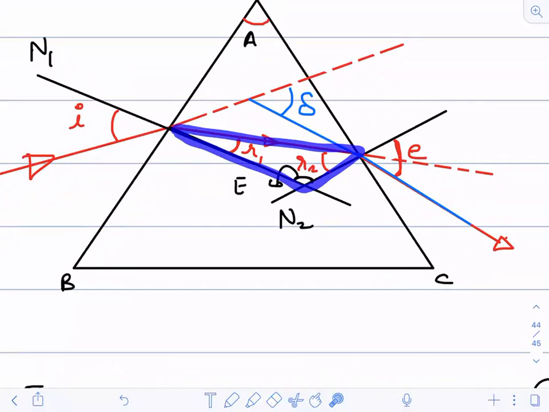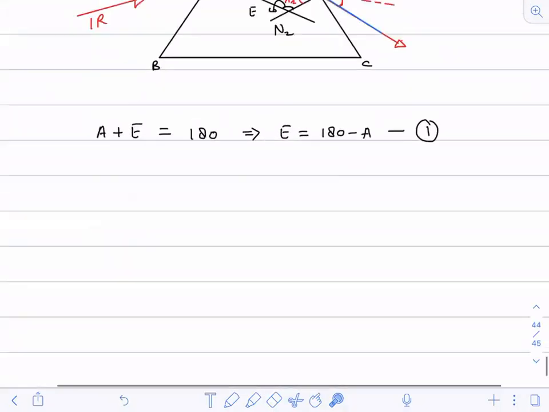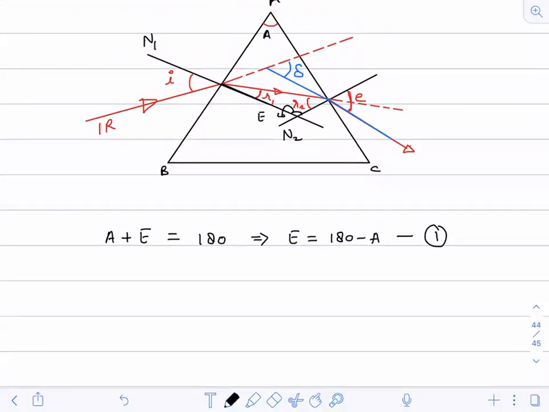R1, R2 and angle E. The summation of all the angles in the triangle, R1 plus R2 plus E, is how much? 180.